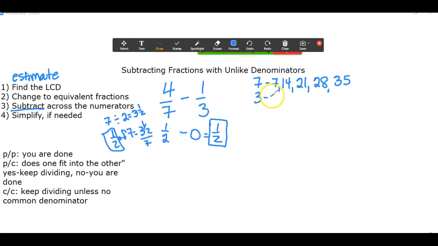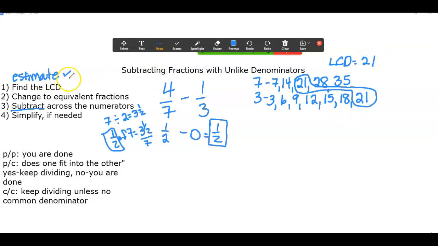For 3, 3, 6, 9, 12, 15. Now, I haven't seen any repeats yet, so I'm going to keep going. 18, no. Next one is 21. Oh, there we go. Now I have a common denominator, and that's the lowest common denominator. Okay, so my LCD is 21.